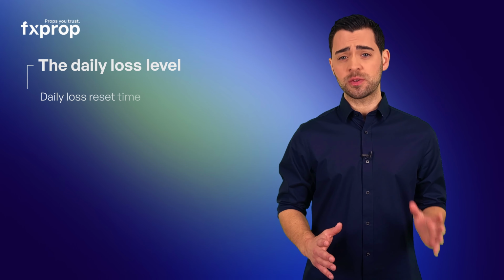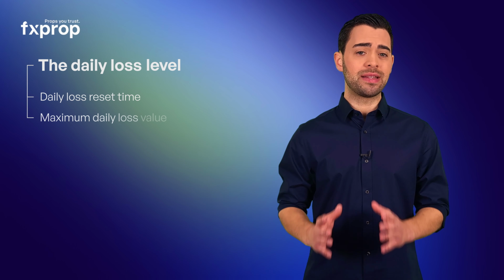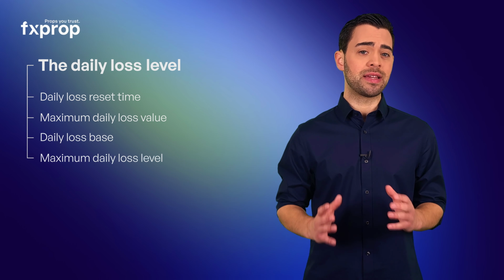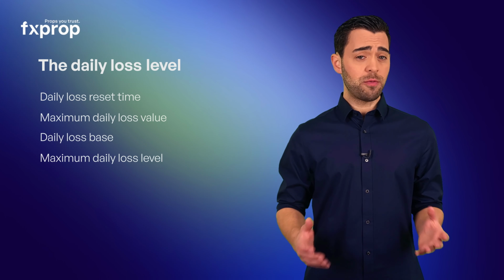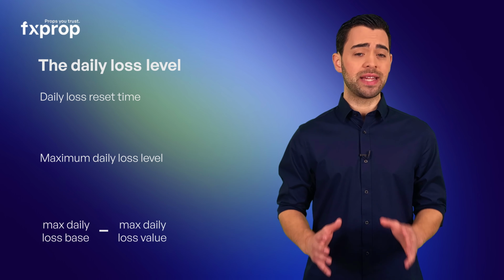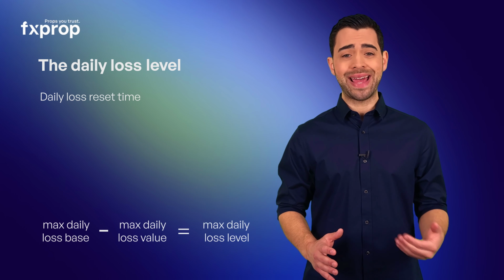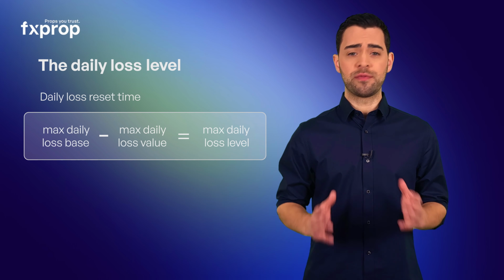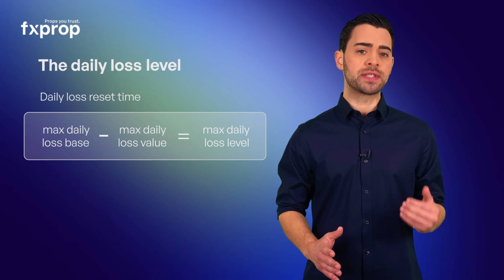As components, we will distinguish daily loss reset time, maximum daily loss value, daily loss base, and maximum daily loss level. Meanwhile, the calculation formula looks like this. Max daily loss base minus max daily loss value equals max daily loss level. Simplifying the terminology, we have base minus value equals level.